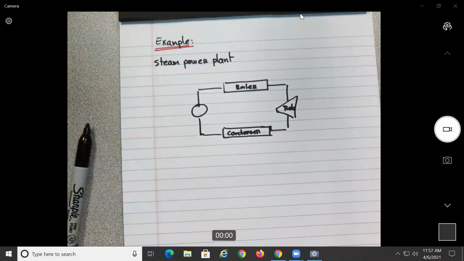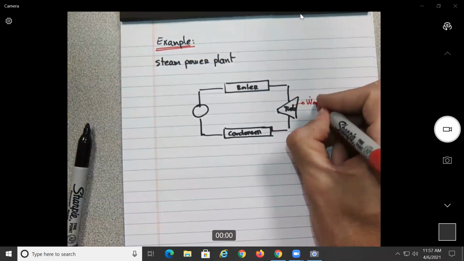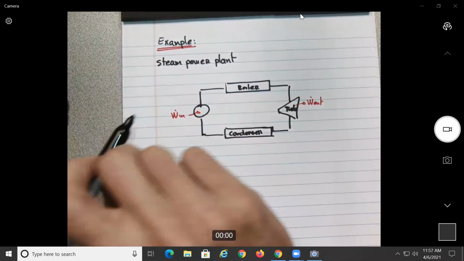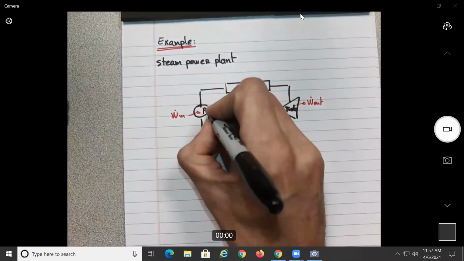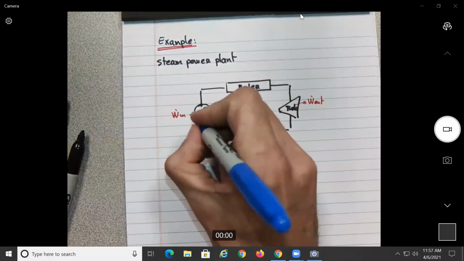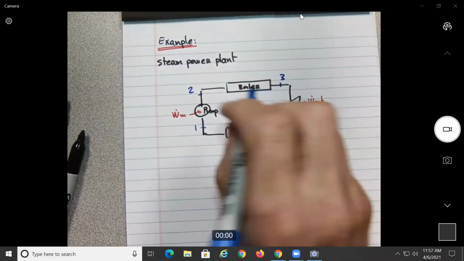All right, so we know that this is gonna generate the power out. This is gonna need power. This is the pump. The most important thing is to put the numbers here: 1, 2, 3, 4.